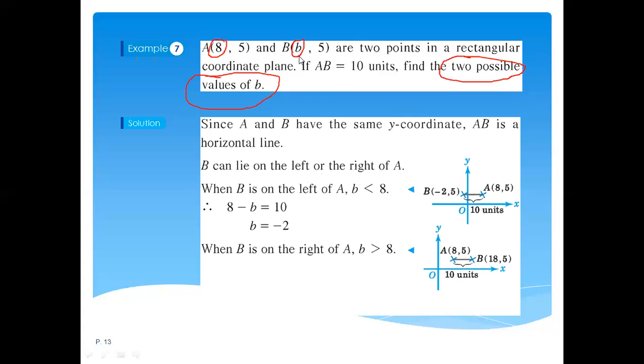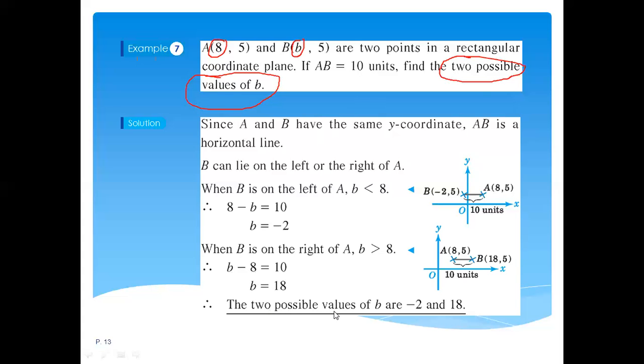So if it is on the right, then b is large, 8 is small. Large minus small is equal to the length 10. So you can find b is 18. Therefore, the two possible values of b are -2 and 18. Okay, so you must consider two possible cases, on the left or on the right.